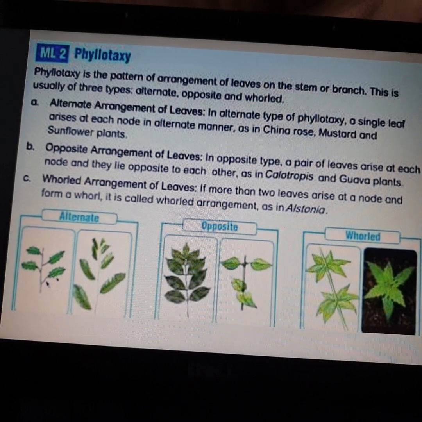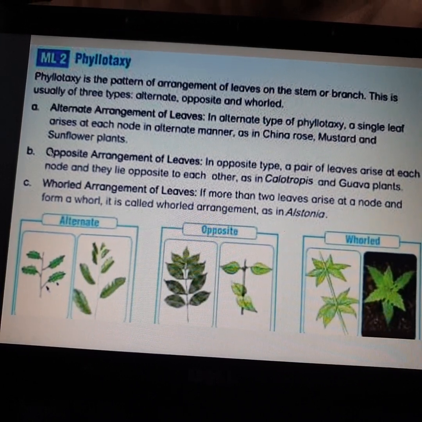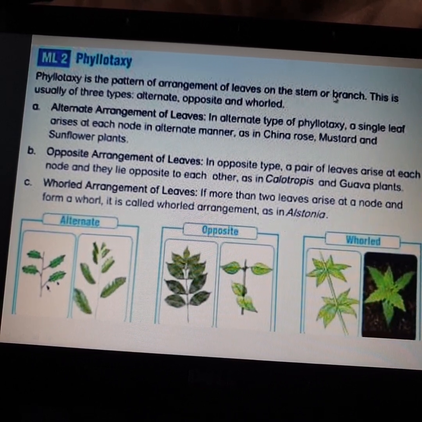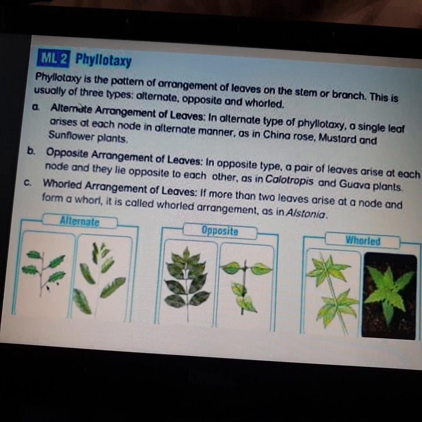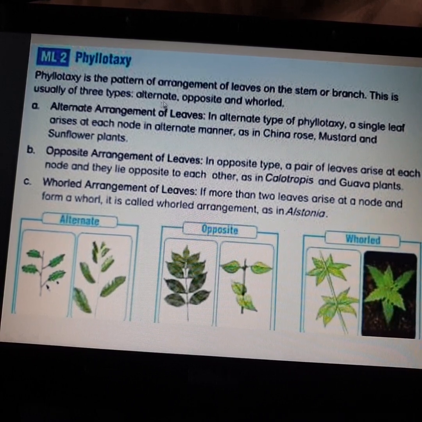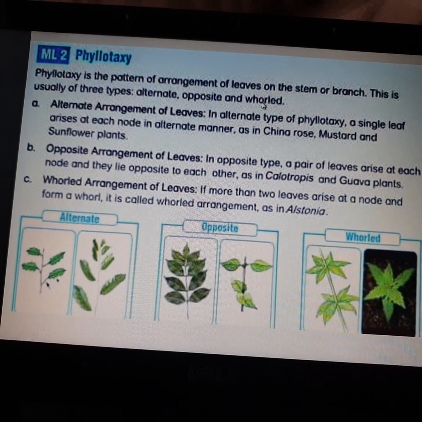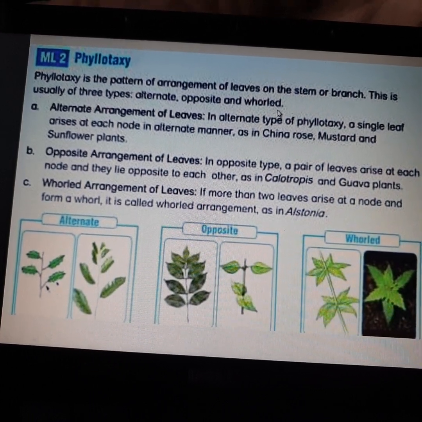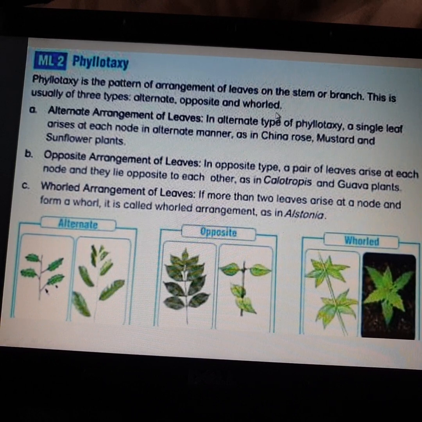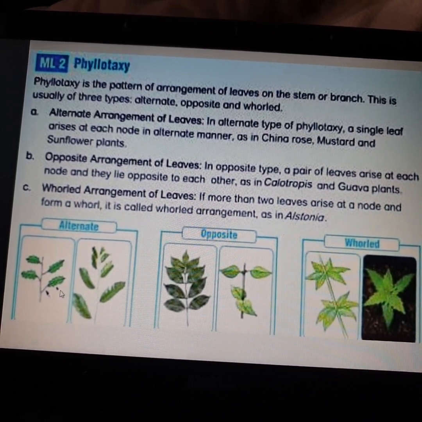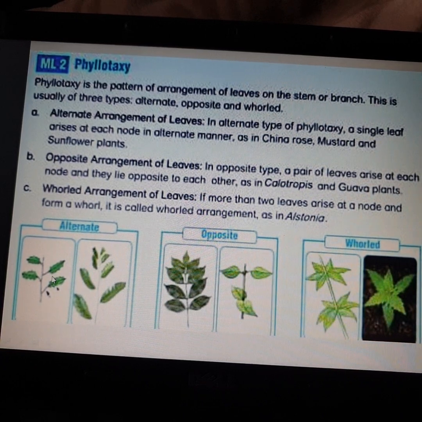Next is phyllotaxy. Phyllotaxy is the pattern of arrangement of leaves on the stem or the branch. This is usually of three types: alternate, opposite, and whorled. When you see different plants, you can see that the leaves are not arranged in the same way.